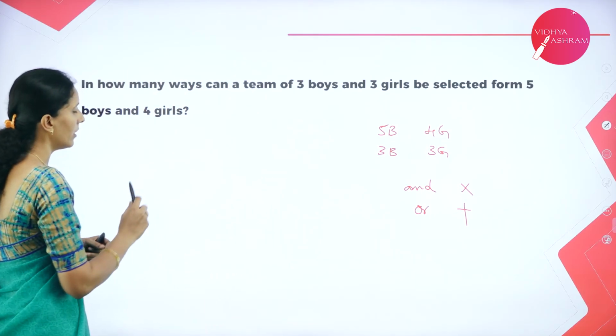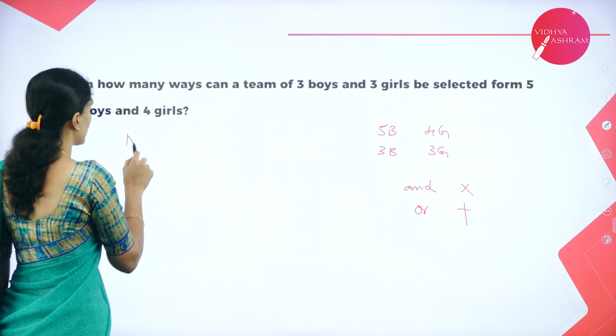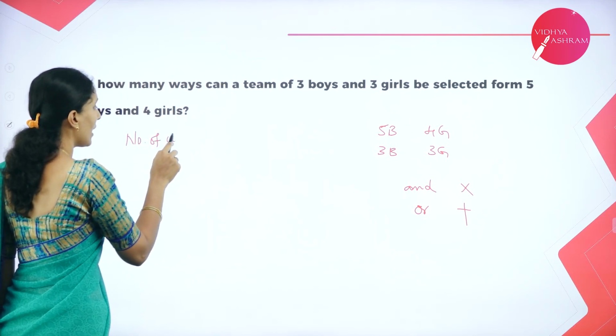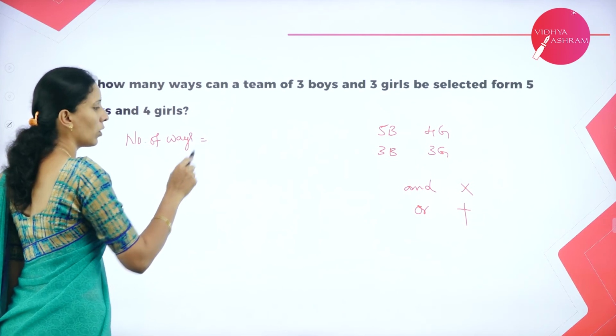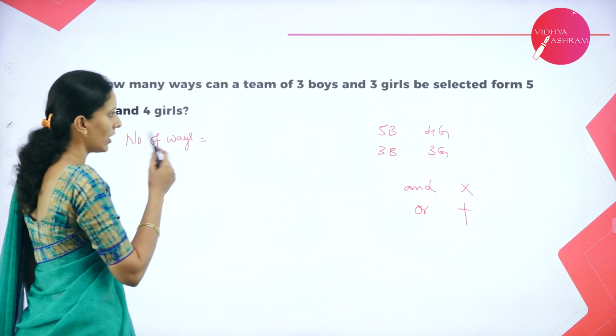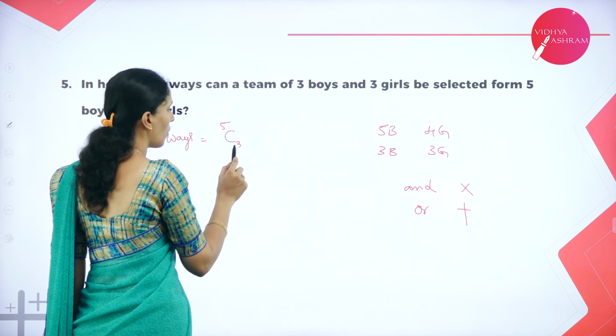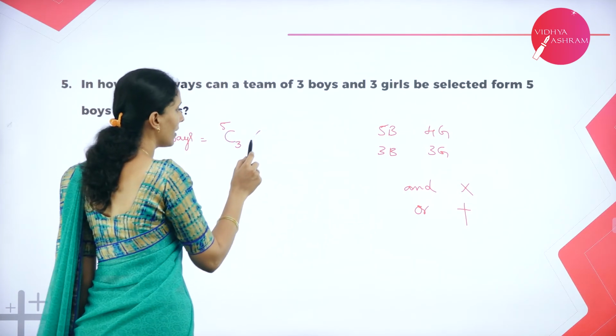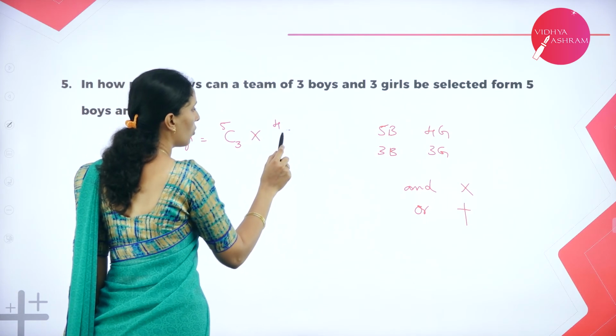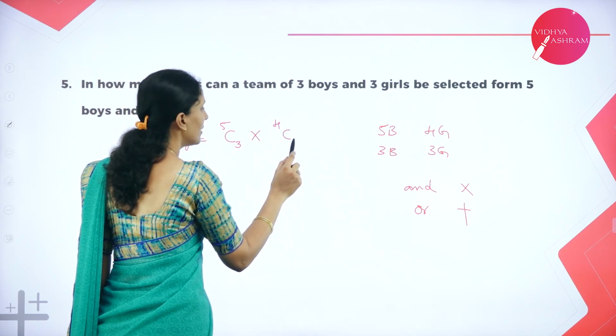So the number of ways I can select both boys and girls is: we have 5 boys, out of them we need to choose only 3 boys, and we have 4 girls, out of them we need to choose only 3 girls.